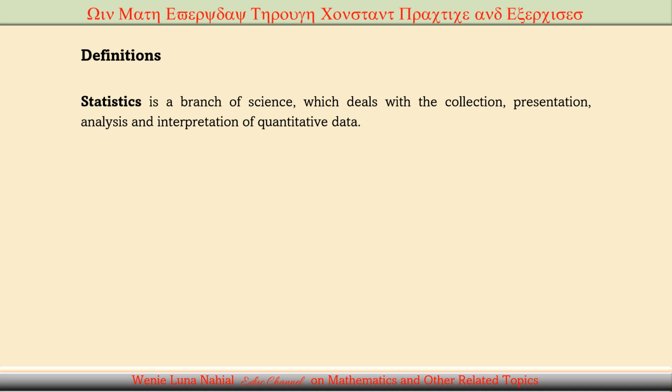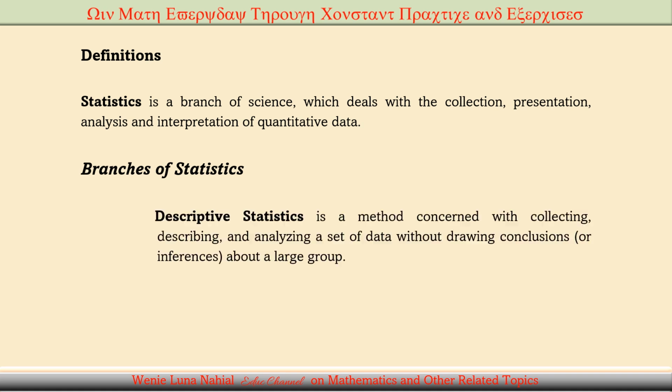Then the branches of statistics: descriptive statistics is a method concerned with collecting, describing, and analyzing a set of data without drawing conclusions or inferences about a large group. So we simply or merely do descriptive statistics.